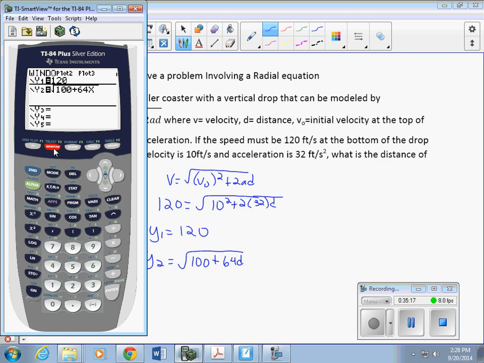I'm going to change my window here, so instead of going to a maximum of 10, because it says I'm traveling 120 feet per second, so I know I need to have at least more than 100. So the min can stay at negative 10. You don't have to have a negative there because you're not going to have a negative velocity, but we'll leave it at negative 10.